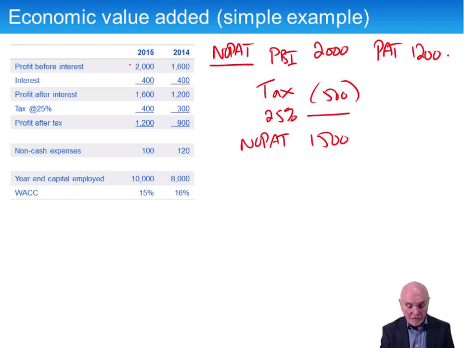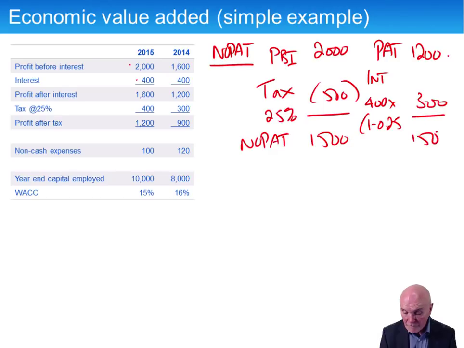So there has been 400 interest, less 25% of that, less 100 tax relief. The net effect within that 1200 of interest is 300. So if we're adding back the interest, it is going to be the 400 of interest times 1 minus 0.25. We're going to be adding back 300. And we're going to get exactly the same in both of those.